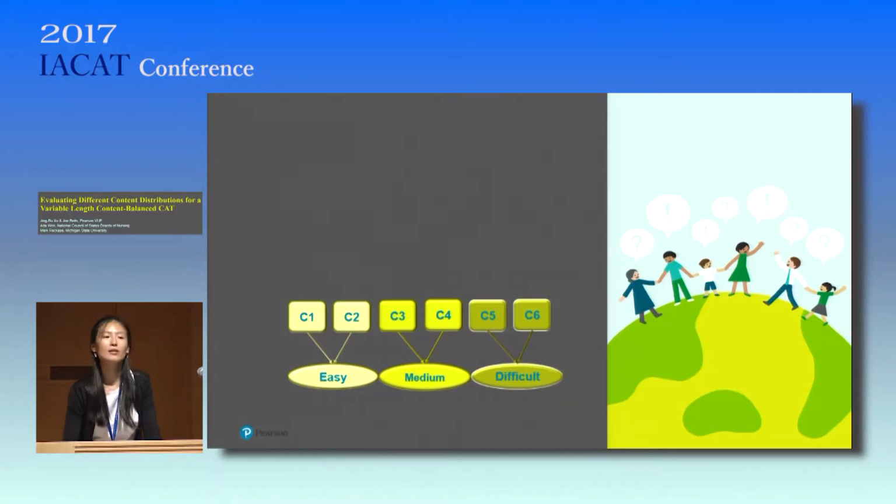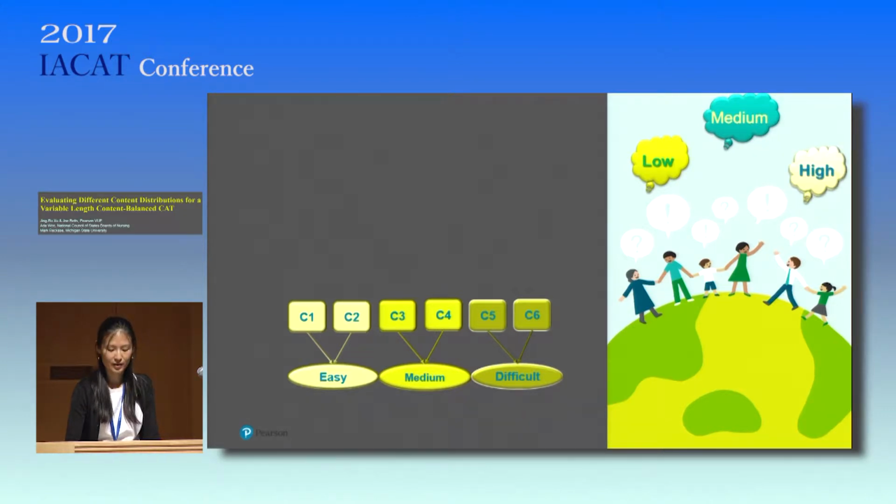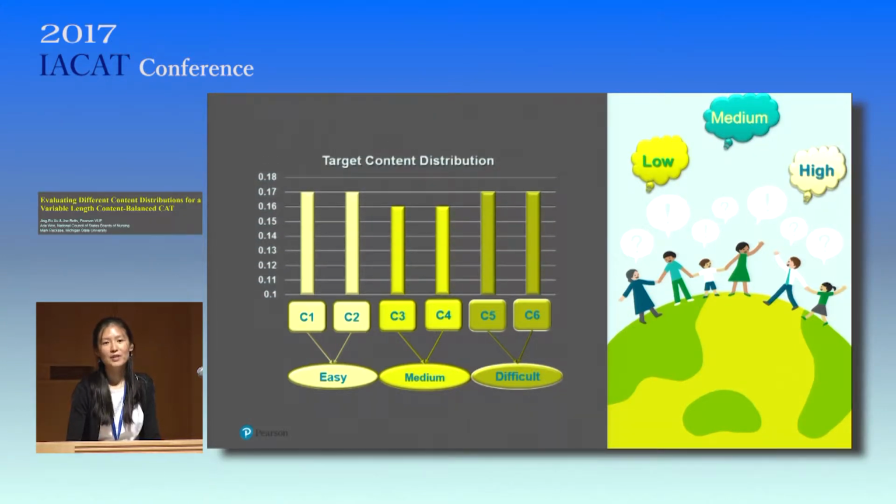So for the current CAT design in most studies, no matter which ability group the examinees are from, low, medium, or high ability group, the proportion of items being administered from each content area is the same. For example, I'm one candidate from a more competent group, and I would take 5 items from easy content areas and 10 items from difficult content areas.